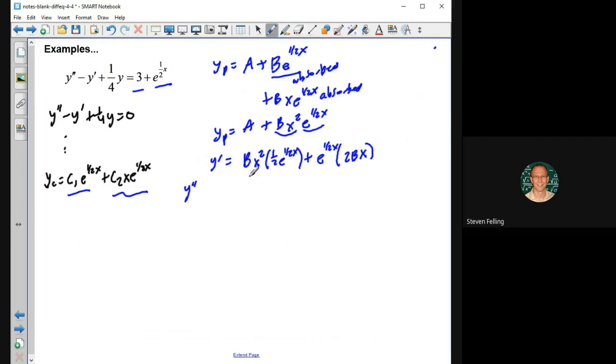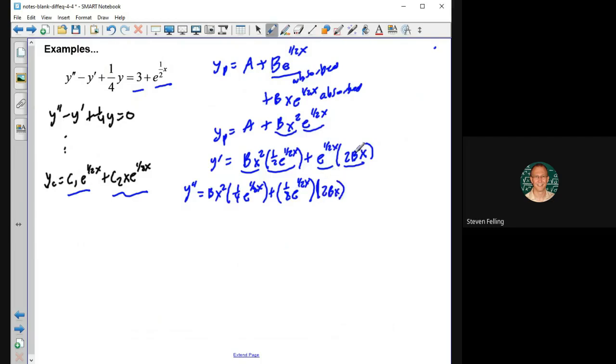All right. And then when I do the second derivative to plug in here, I'm going to have to take both of these terms and have product rule because they both have the variable in them. So I've got first times the derivative of the second here, which will be another 1/2, so 1/4 e to the 1/2 x plus second times derivative of the first, 2bx.